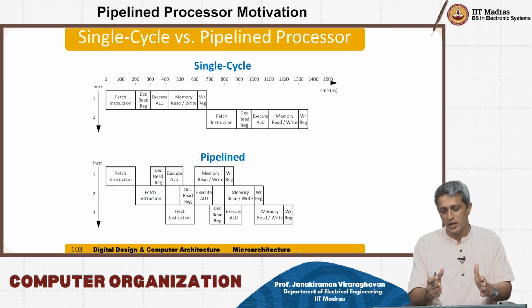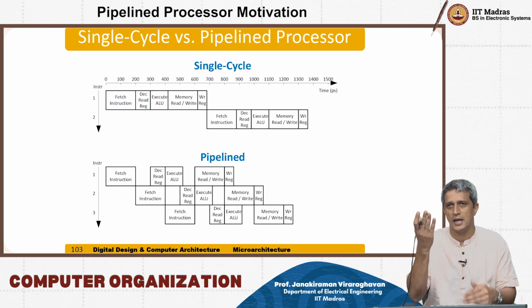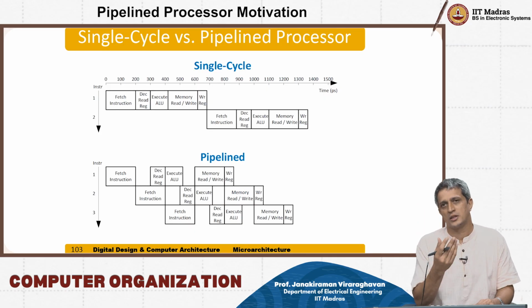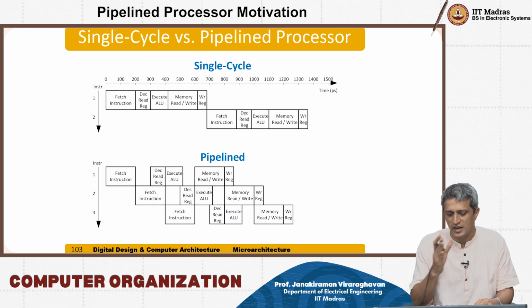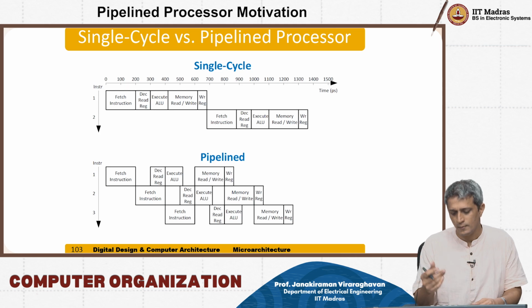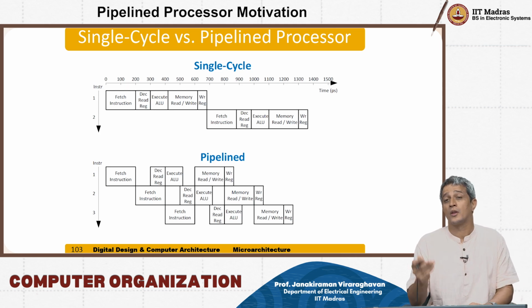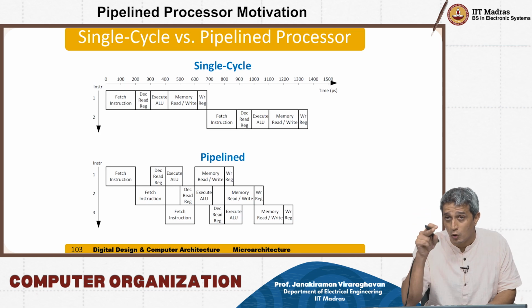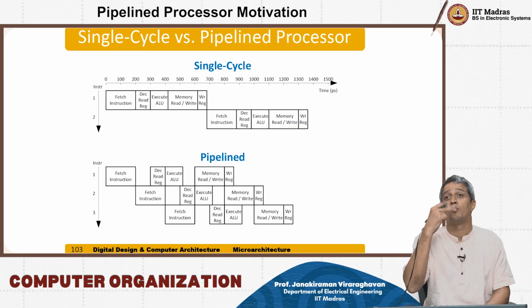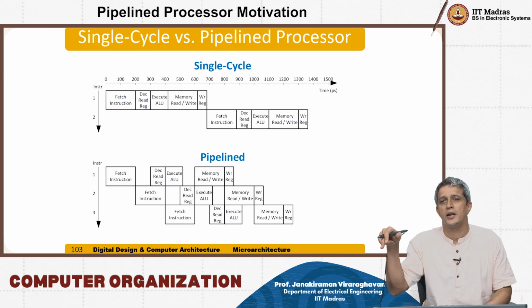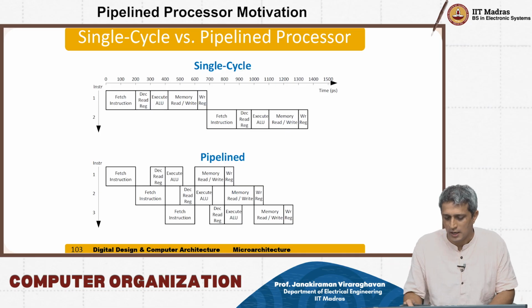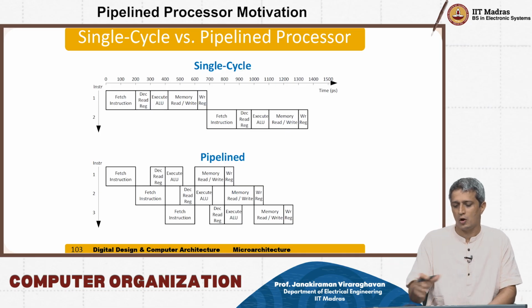You are able to do the fetch while decoding is happening for the first instruction. The third instruction is happening in the next clock cycle. At 400 picoseconds, the next instruction comes in. While that is fetching, instruction 2's decode is happening, and instruction 1's execution is already happening in the ALU. Likewise, you take all of this.